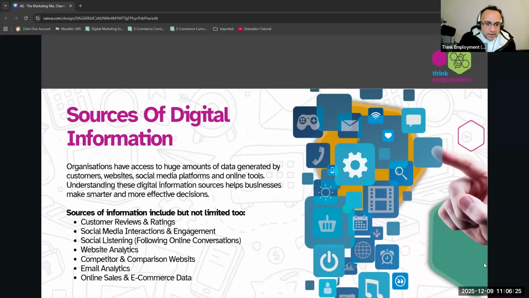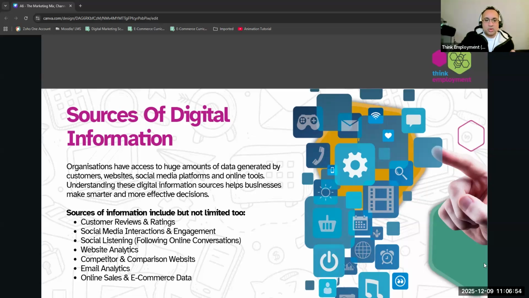Okay, so let's go back again. Right, so there's different sources of information. These include customer reviews, social media interactions, engagement, social listening, basically following online conversations, website analytics, competitor and comparison websites, email analytics, and online sales and e-commerce data.